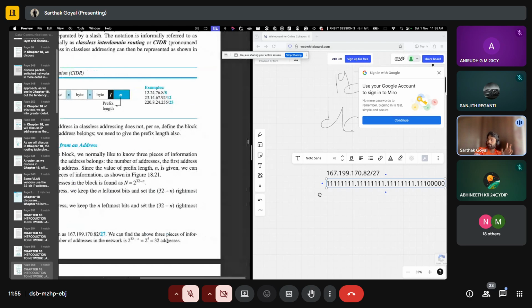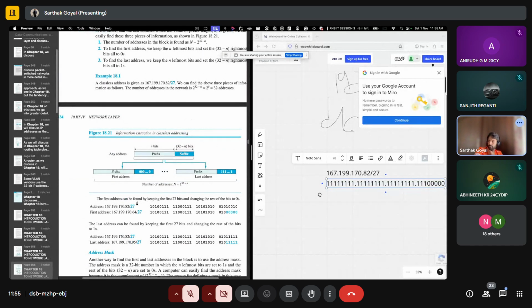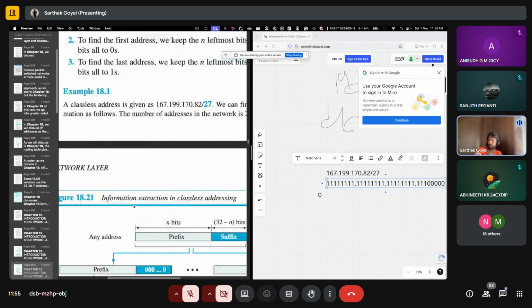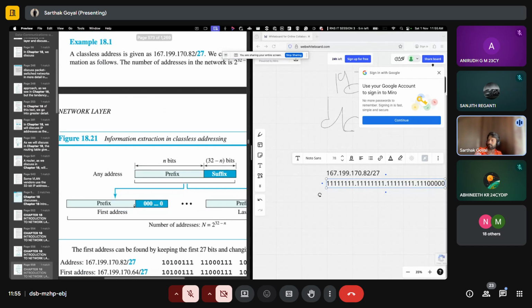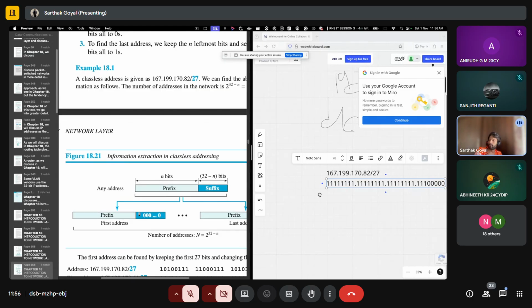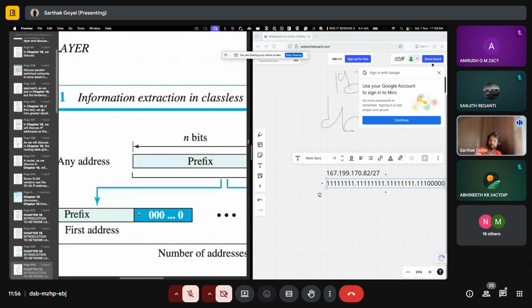So what we're going to do is simple. We convert 167.199.170.82 to binary. Can someone quickly give me the binary for this?